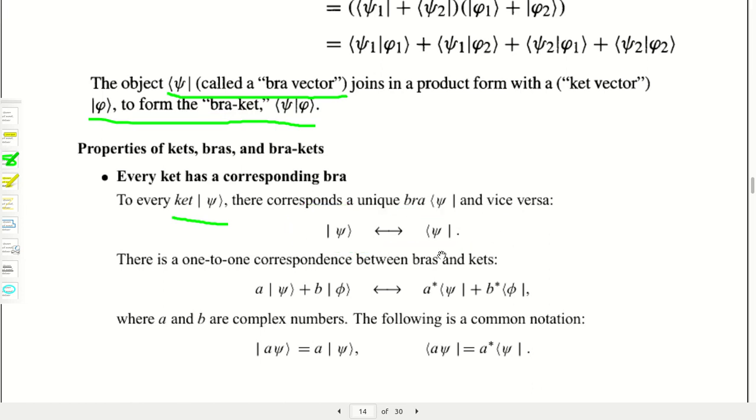If you want to go from Ket to Bra, the path will be like this, and from Bra to Ket the path will be reversed, just like an imaginary number.